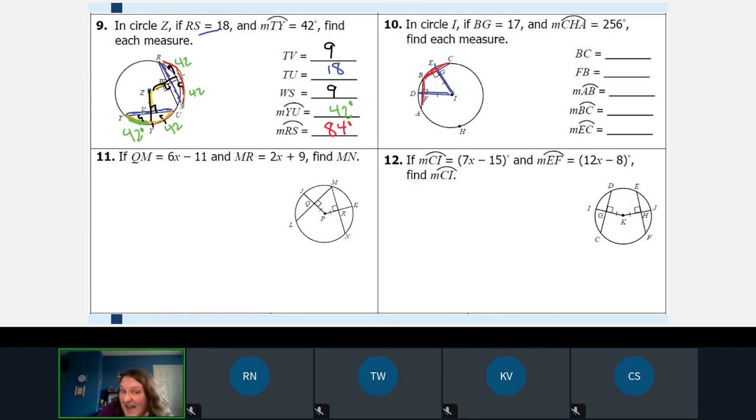They're both being cut in half since that radius is perpendicular to the chord. So if BG is 17, that means that GC is also 17, which means that BF is 17 and FA is 17.